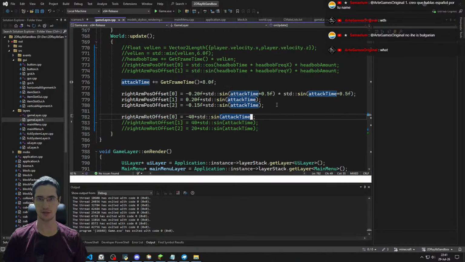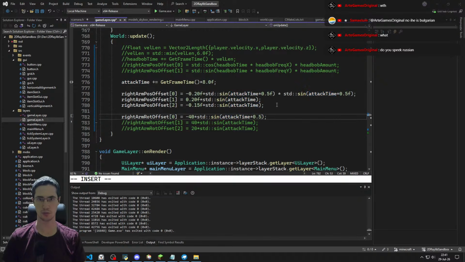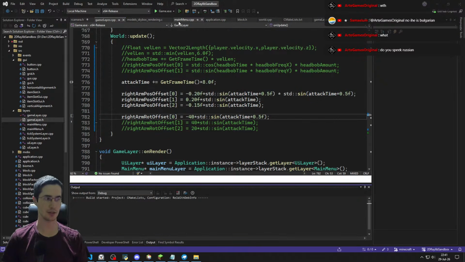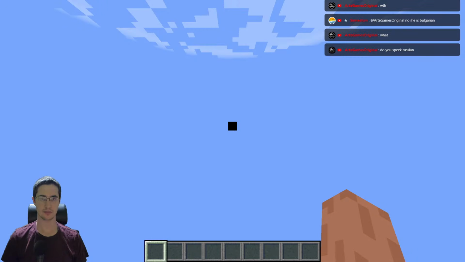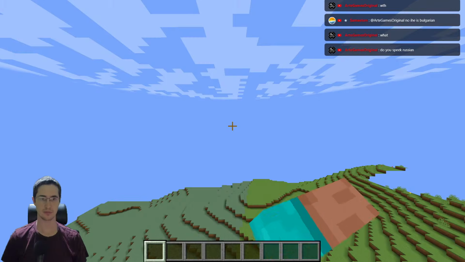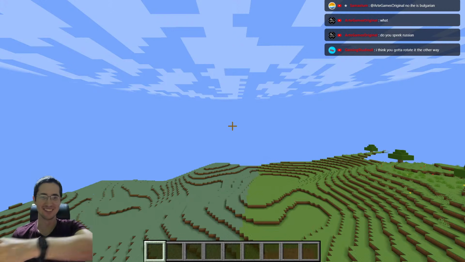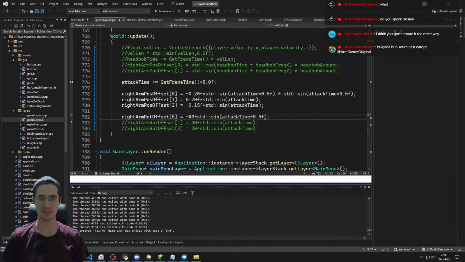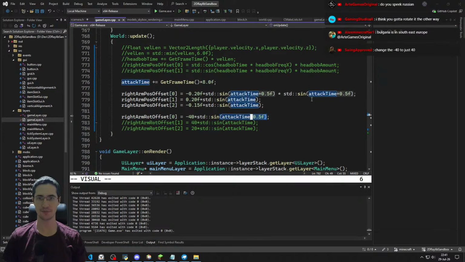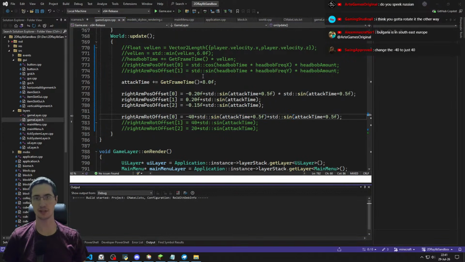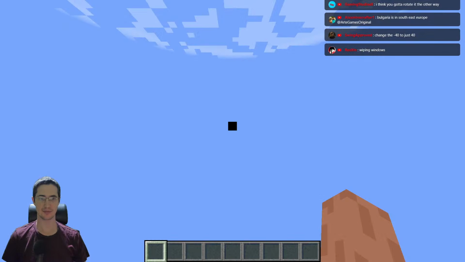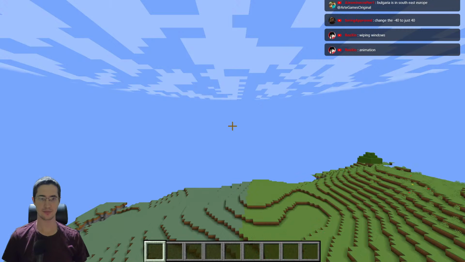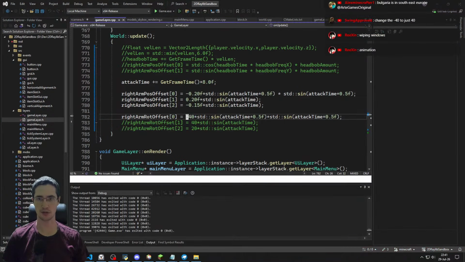Let's multiply by 0.5f the left and right. What if we multiply 2 times like the positioning? Okay, let's do positive 40.